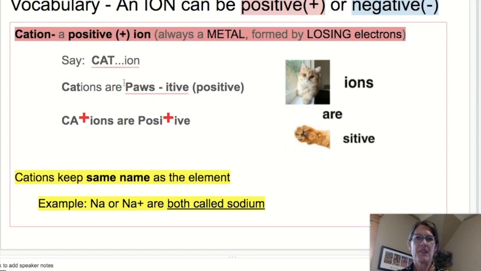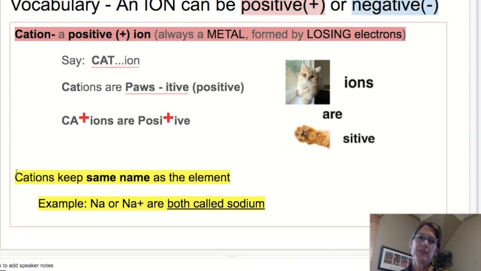There are a few ways that people help remember this. It says cations are positive, like the word paw for the cat paws. Here's a picture of that. Cations are positive. Also, the T in the word cation looks a little bit like a plus sign, like positive.